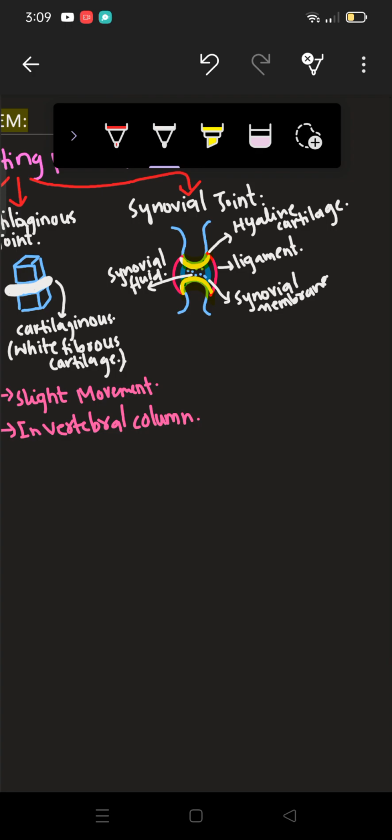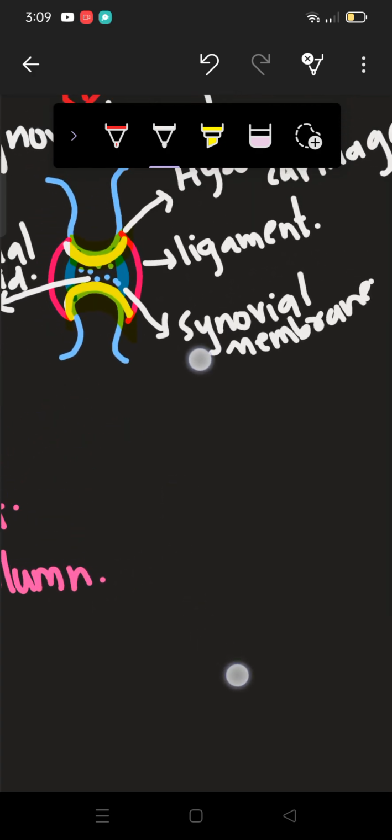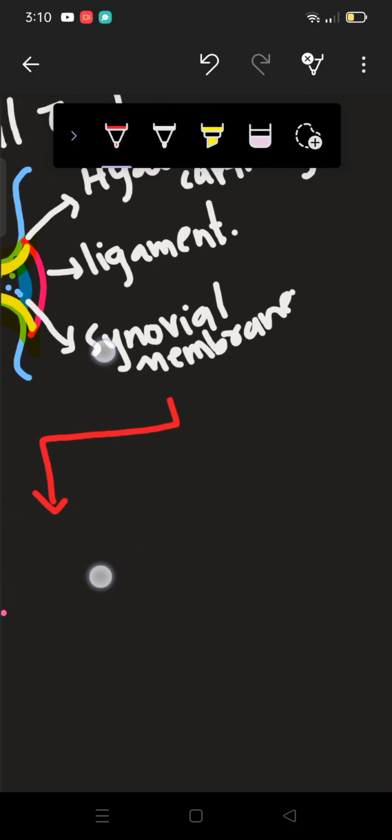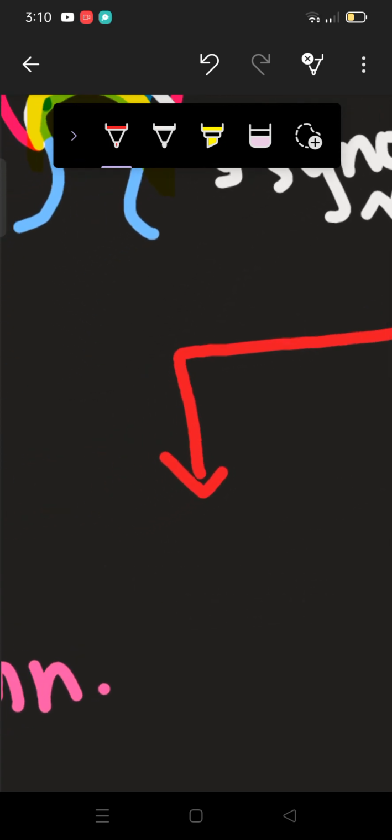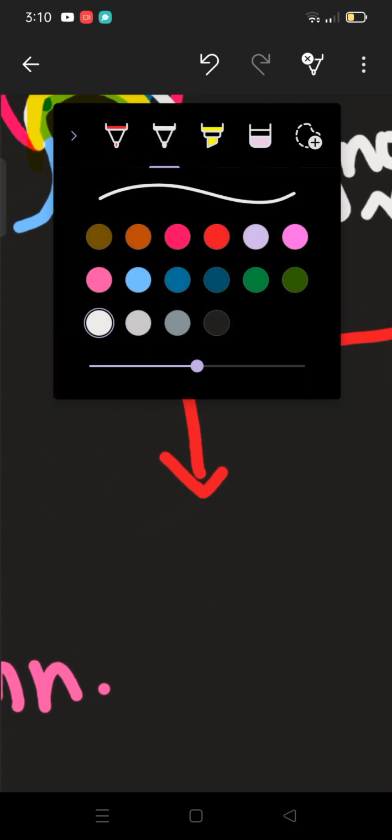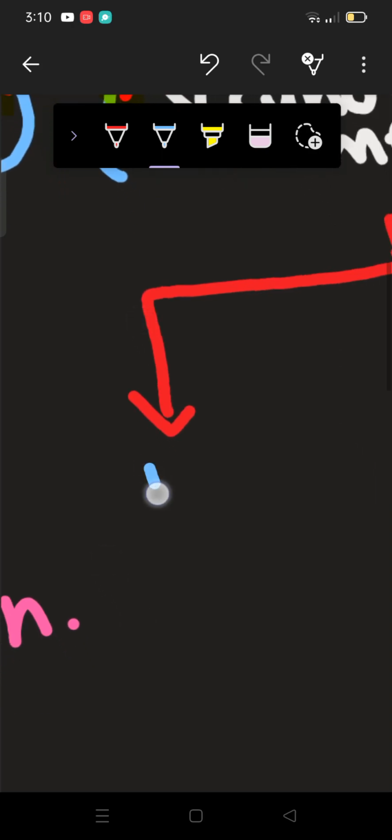Now the synovial joint has two more types. Let me make the division. For the first one, the structure is like this.